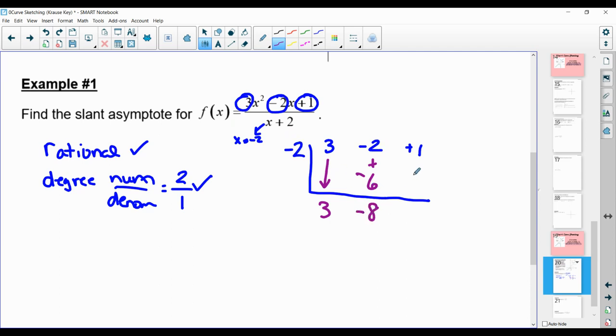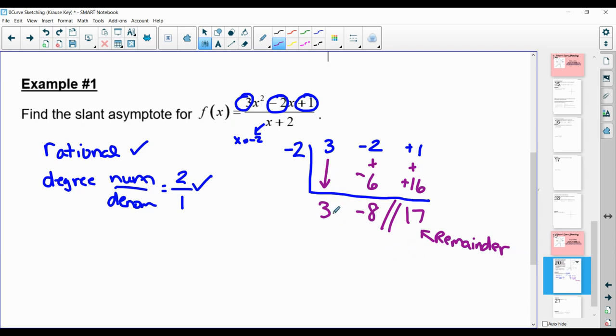Negative 2 times negative 8 is, sorry, positive 16. And so if I add those two together, 1 plus 16 is 17. So that's my remainder. Now, when I have a remainder, that doesn't affect anything in terms of our asymptote. So you are allowed to have a remainder.